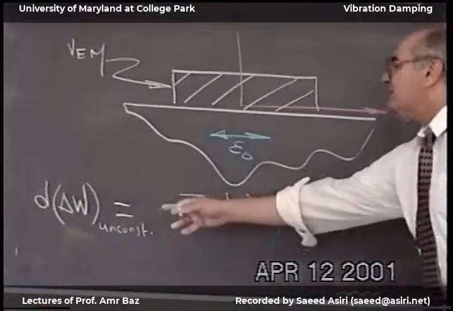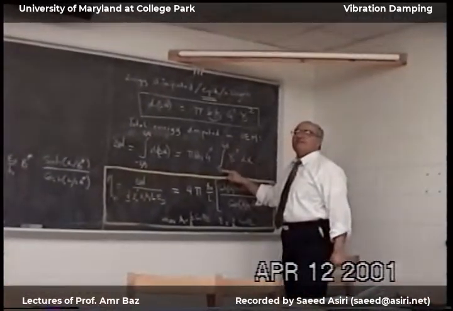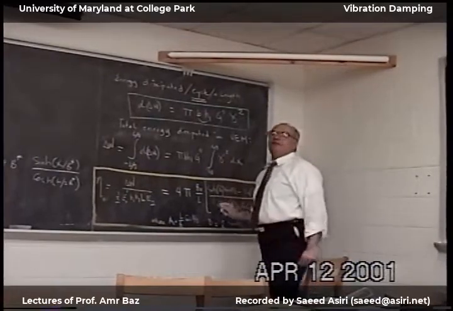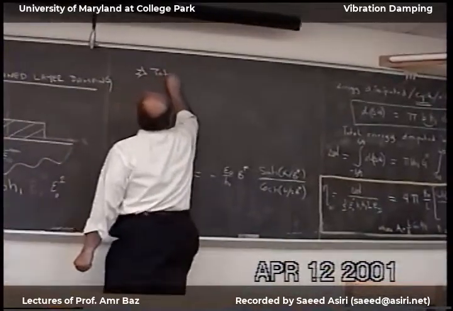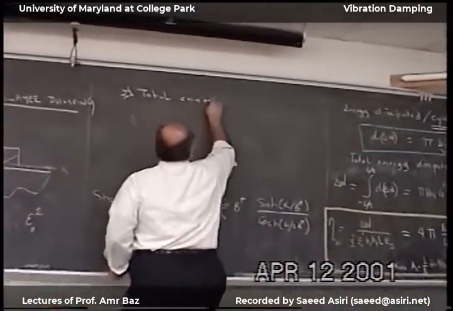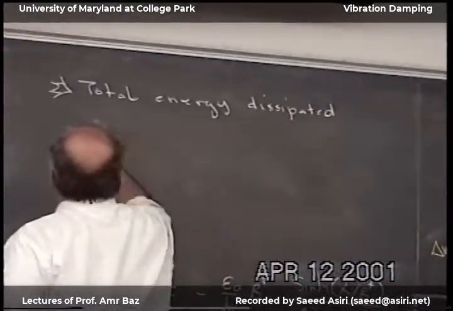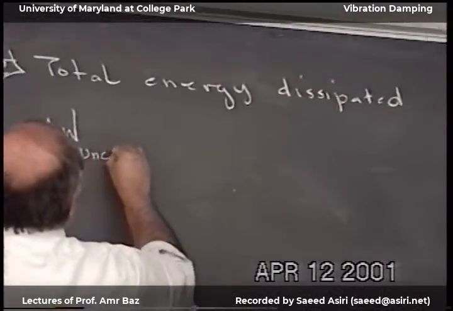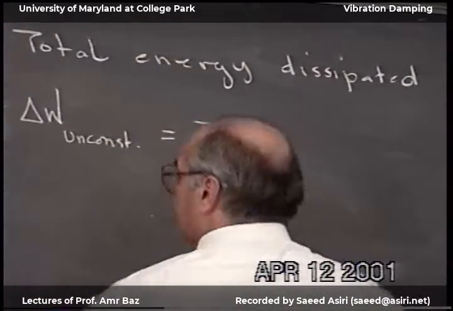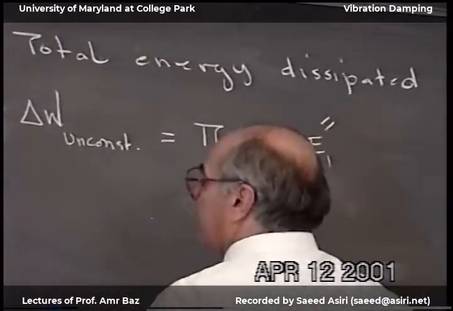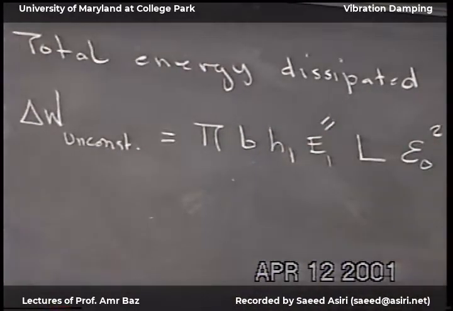So when I want to determine the total energy and integrate over the length, epsilon will go outside and the integral will be very easy. So now the total energy dissipated, del W unconstrained, will equal pi B H1 E1 double prime epsilon 0 squared and the length of the viscoelastic material.